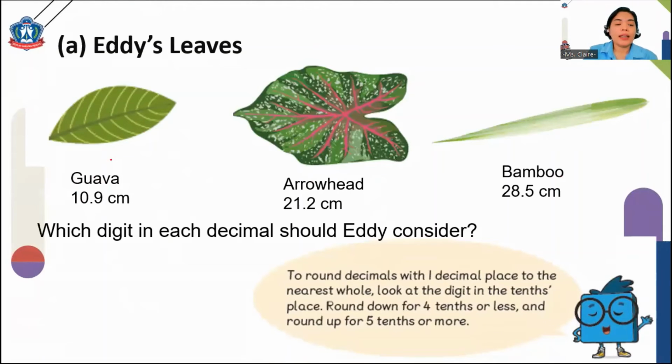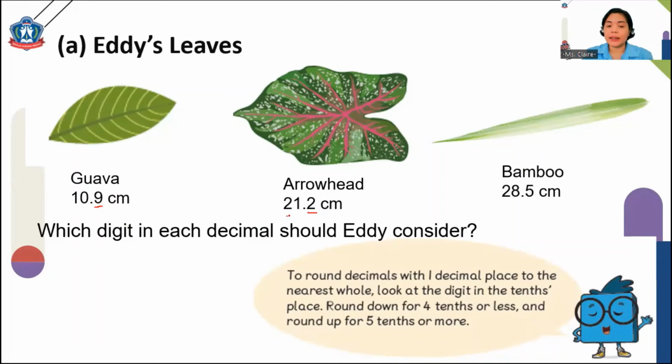Okay, when Eddie rounds 10.9 centimeters to the nearest whole number, Eddie considers the digit in the tenths place, the 9. 9 is already more than 5, or 5 and up. If the digit is 5 and up, we will round up. However, if the digit in tenths is 4 and below, we will round down.